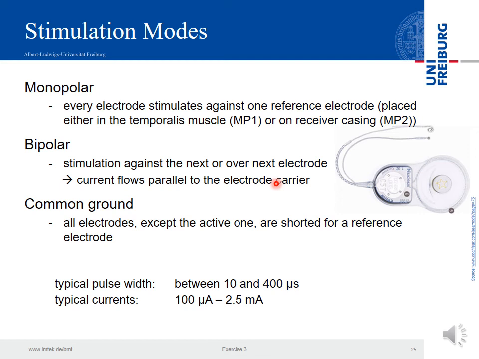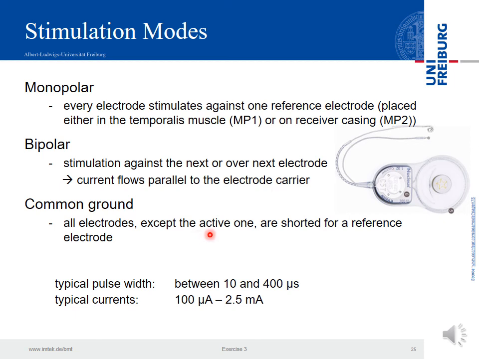Or you can stimulate one electrode on that front part electrode array versus another electrode. Or one electrode against all the others, which is called common ground. So typical pulse widths are between 10 and 400 microseconds.